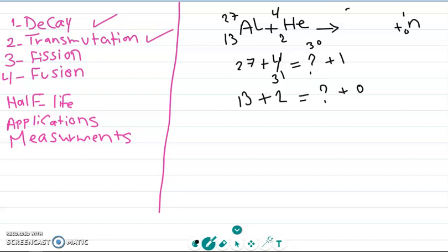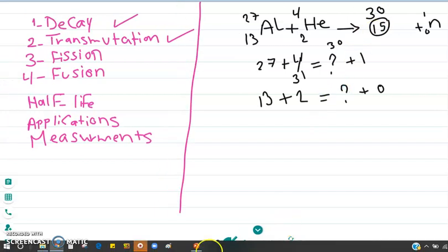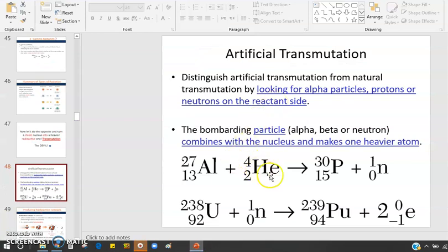So we have an element with mass number 30, and for the second equation here we have 15. So we go to the periodic table, find out what is 15, and just put it in, which is phosphorus.